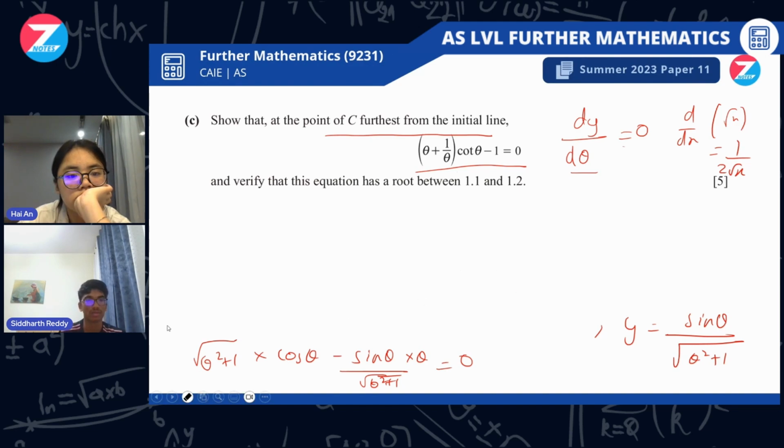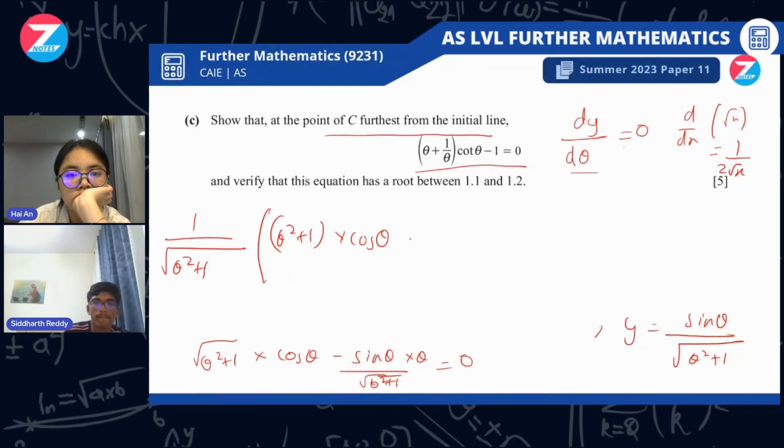Okay. So now let's factor out 1 by square root of theta square plus 1. What we're left with is theta square plus 1 times cos theta minus sine theta times theta.